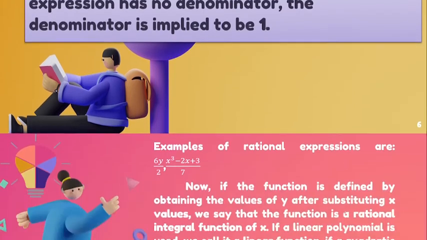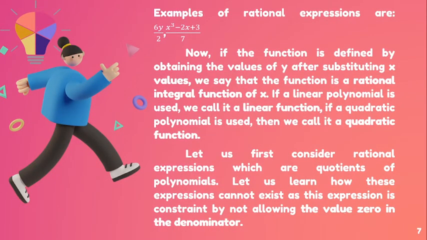Very good. Examples of rational expressions are 6y over 2x cubed, and minus 2x plus 3 over 7. If the function is defined by obtaining the values of y after substituting x values, we say that the function is a rational integral function of x. If a linear polynomial is used, we call it a linear function, and its graph is a line. If a quadratic polynomial is used, the graph is a parabola, and we call it a quadratic function.